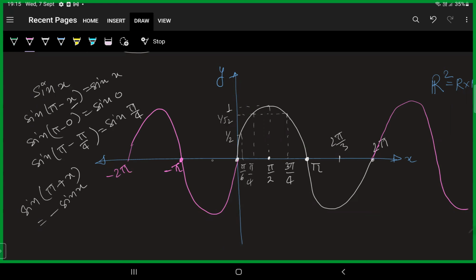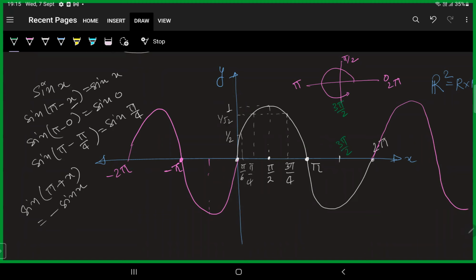No one knows yet. You don't remember this. 0, pi by 2, pi, 3 pi by 2, again 2 pi. Sorry, this is 3 pi by 2. It's a mistake that I wrote here too. Thank you. Again, this is 3 pi by 2.